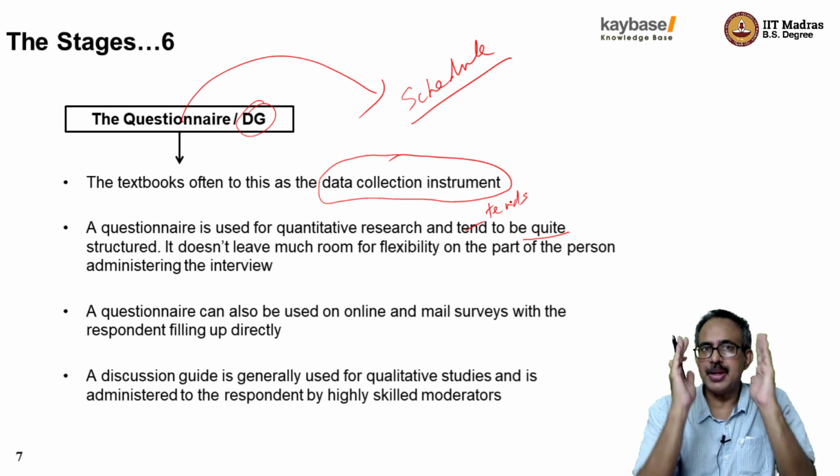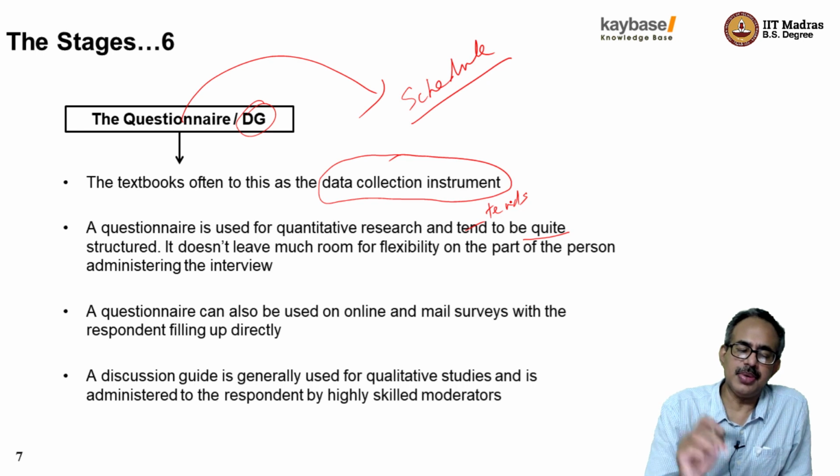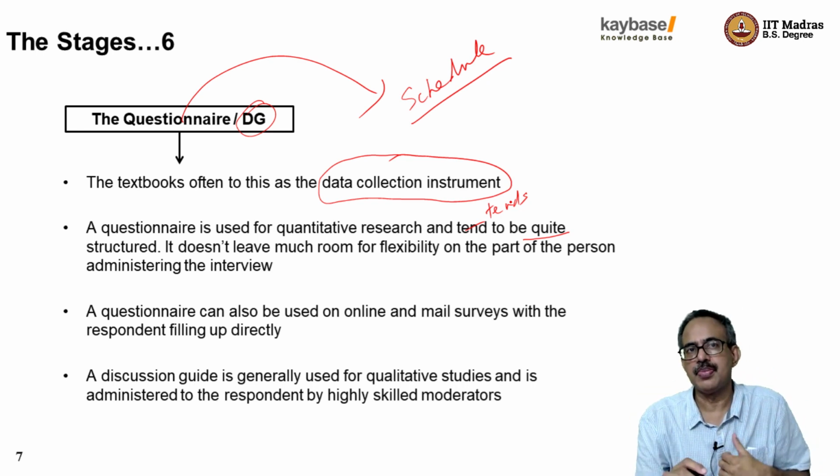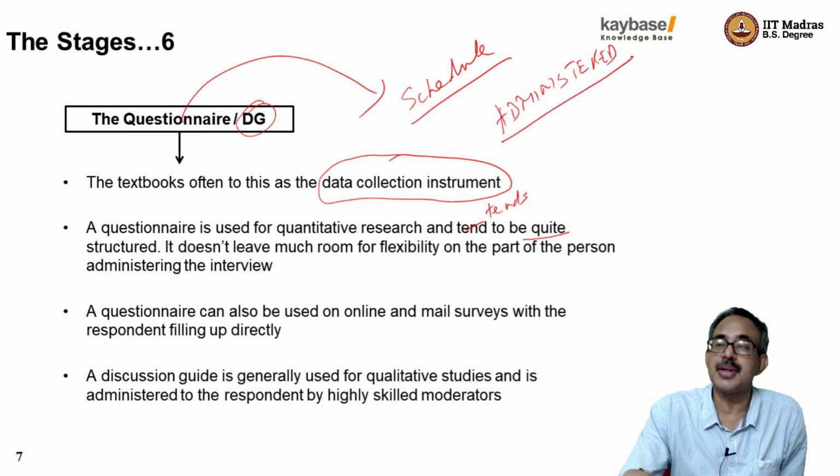They have to absolutely blindly follow what is there in the questionnaire. Right? A questionnaire can be used online, can be used in mail surveys, where the respondents themselves fill it up, which is called a self-filled questionnaire. So, market research questionnaires can be either administered, that means somebody is asking the questions, or they can be self-filled.